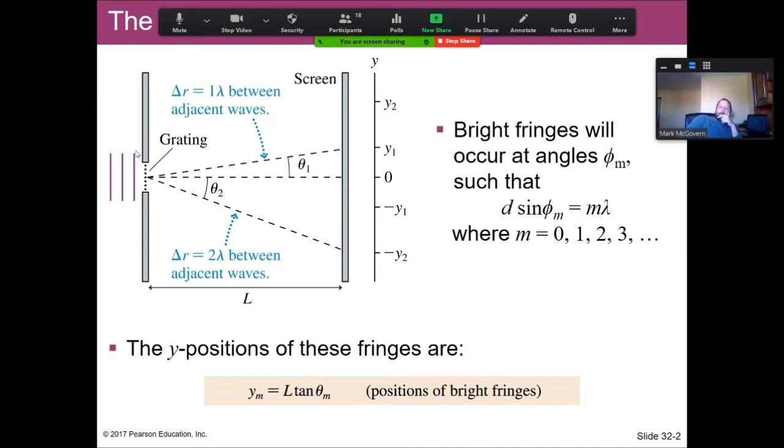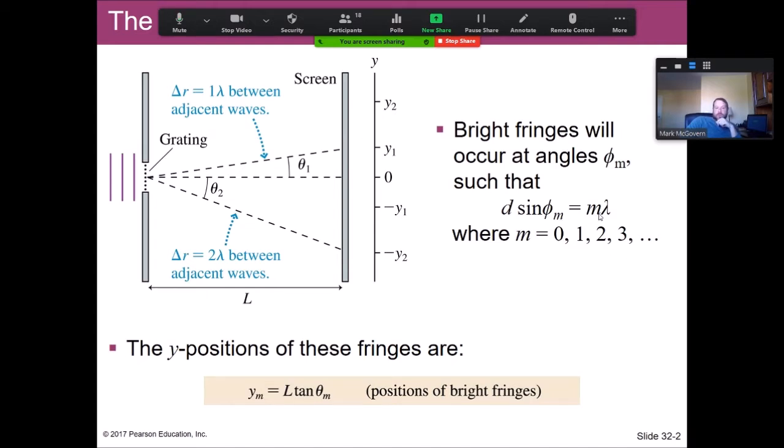Now, the location of the fringes that occur here, this is review. This is nothing new you're learning here. d sin phi_m = m lambda, where phi can be different values of m. And so we actually have different angles that correspond to different orders.